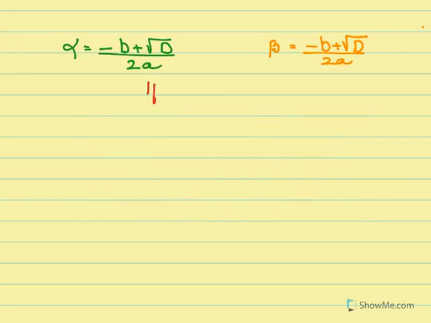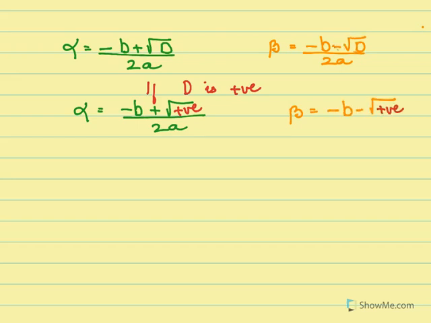Now for the third condition, if D is positive, so here we have a positive number under the root over 2a.